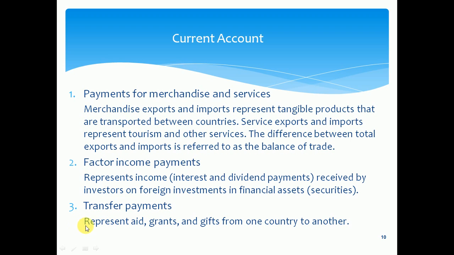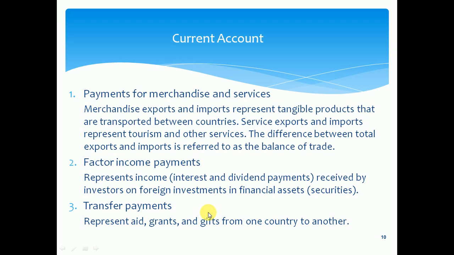Transfer payments, so we already discussed that they basically represent aid, grants and gifts from one country to another country. One country is giving grants, or gifts, or aid. Suppose, take an example, Dr. Ashraf Ghani is going to USA, so the government is giving some gifts.